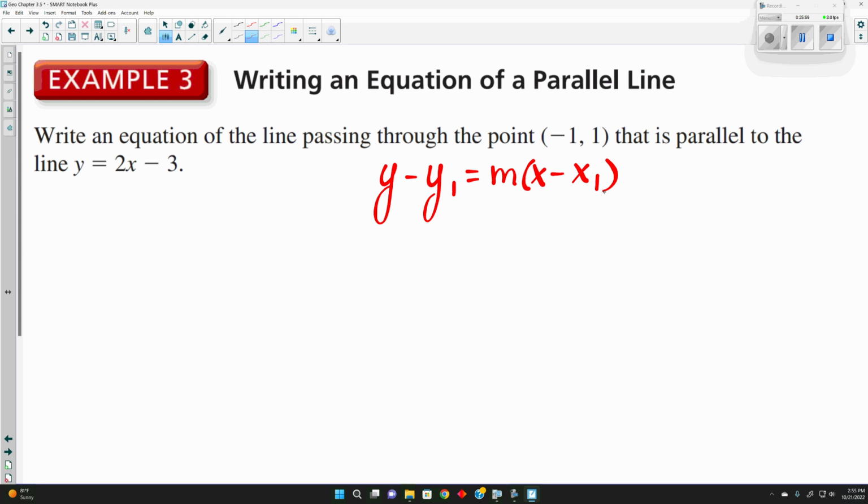The y without the subscript of 1 is the output. And m is the slope. It's literally called exactly what it is. Because it's an equation of a line, that's y and x, that has a slope and a point. It's point slope form because it has a point and the slope.